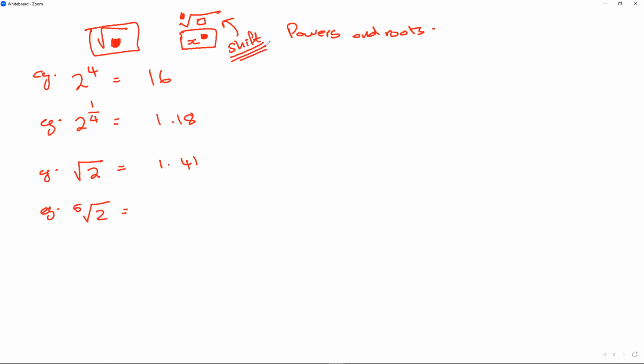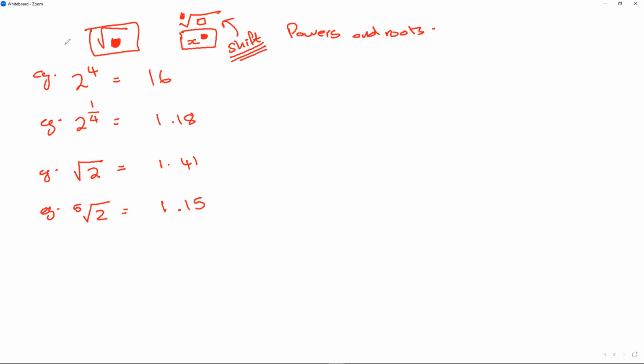So you would go Shift, press that button, and then populate the power to make it 5, and the inside to make it 2, then press equal. You'll get 1.14. 1.15, actually. 1.15 for that. Okay. So those are a few examples of powers.